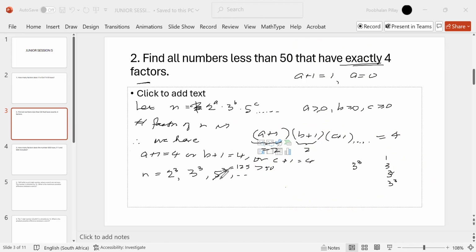So that works, or otherwise, let's put it this way, 2 of the exponents are equal to 1.